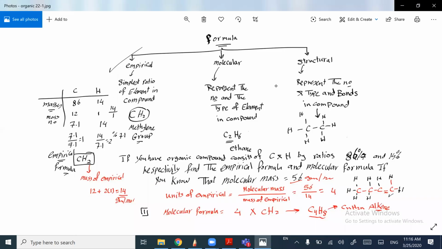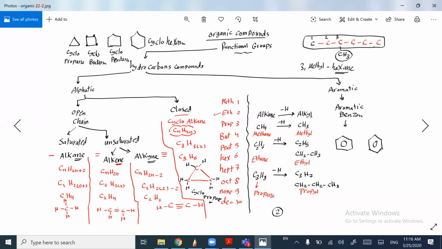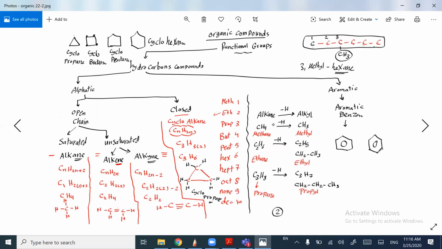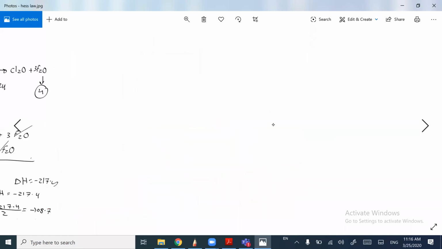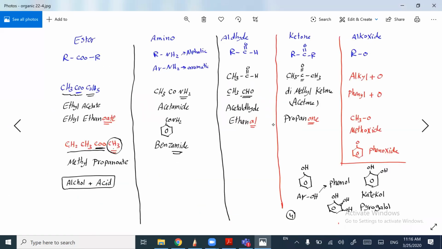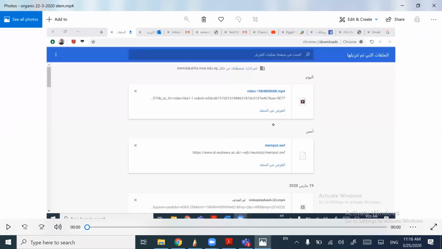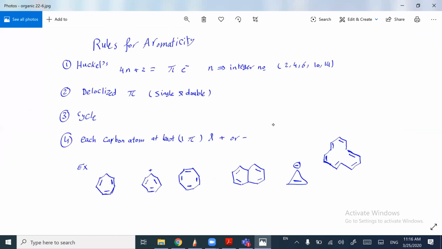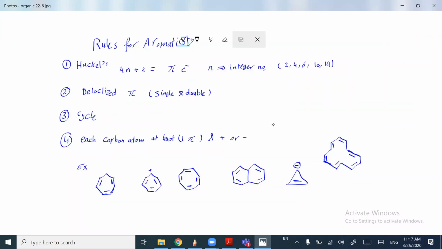I think this slide. Okay, let's talk about this compound.